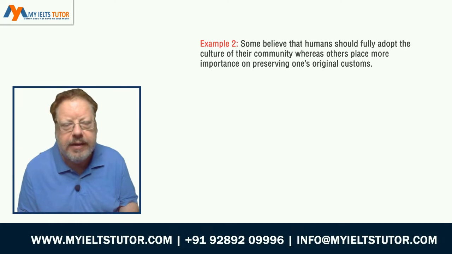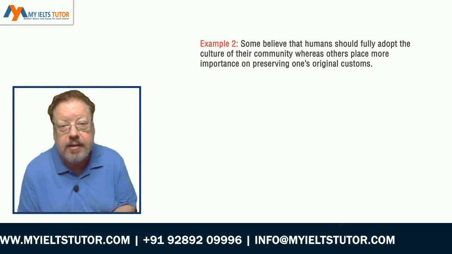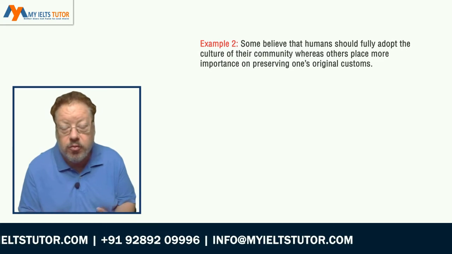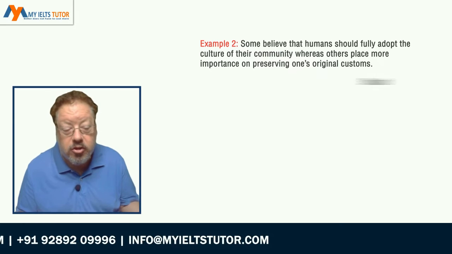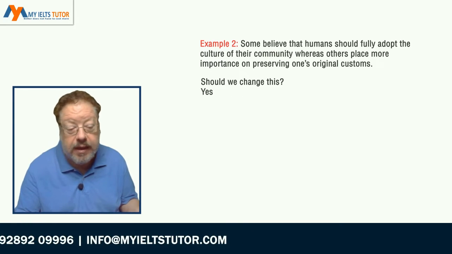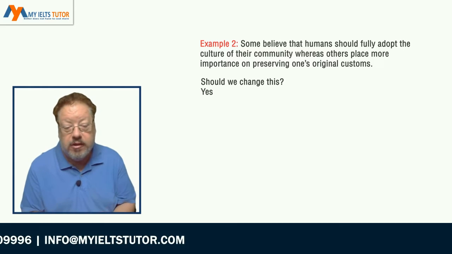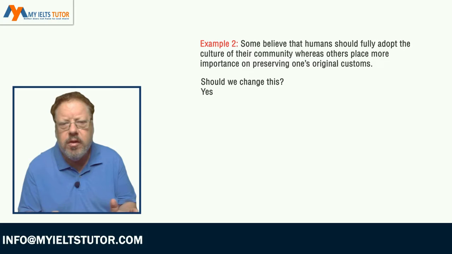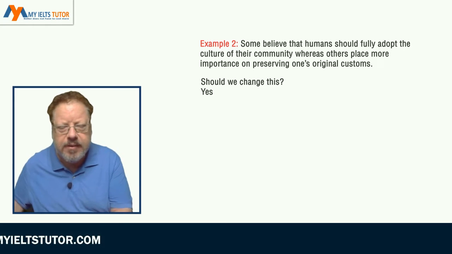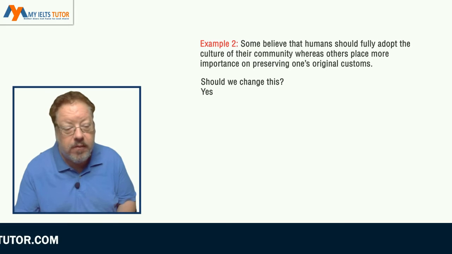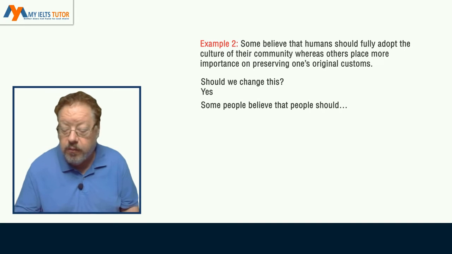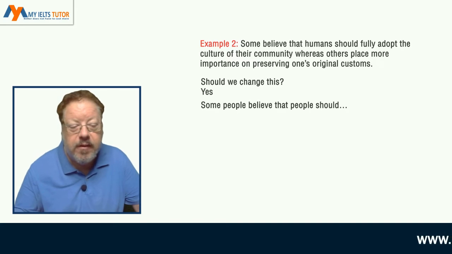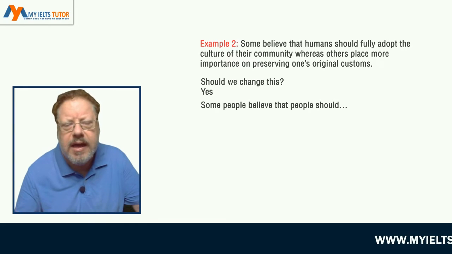You will never find a native speaker speaking like this in natural speech or writing. So should we change this? The answer is definitely yes, because there's no distinction between other species in this particular sentence. So we should use people. So some people believe, okay? These are two examples of where we should change and where we shouldn't change.